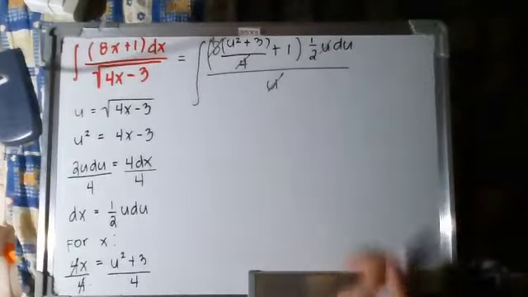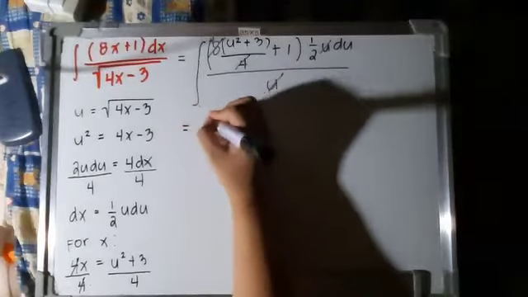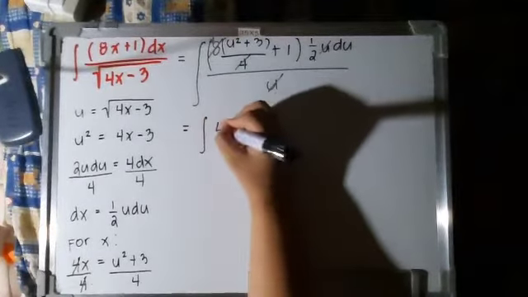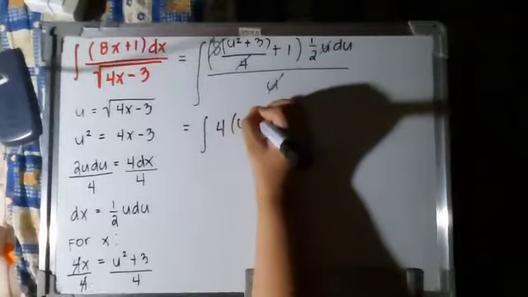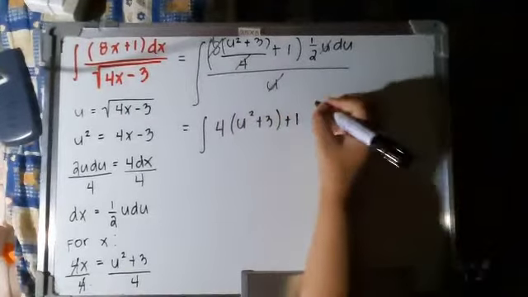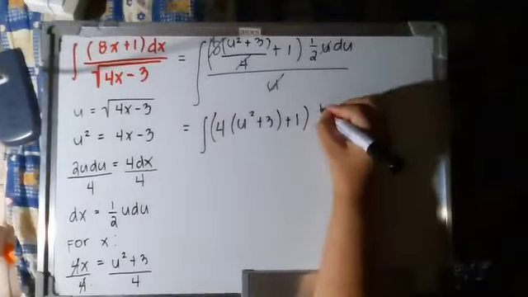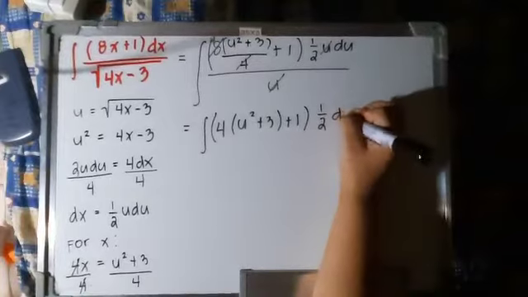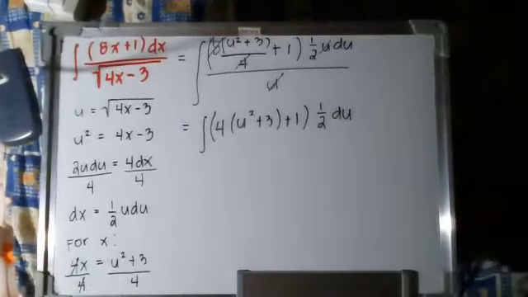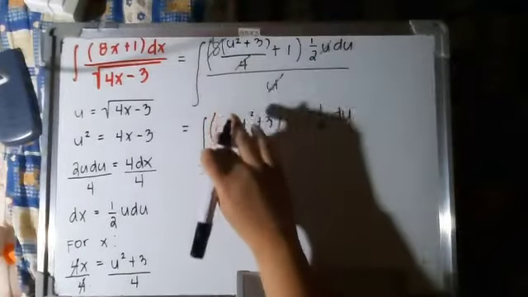U over u. So, in here, this will be equal to integral of 4 multiplied by u squared plus 3 plus 1 multiplied by 1/2 du. Si 1/2, pwede natin siyang ilabas. Oh, rather, kasi 8 over 4 siya.